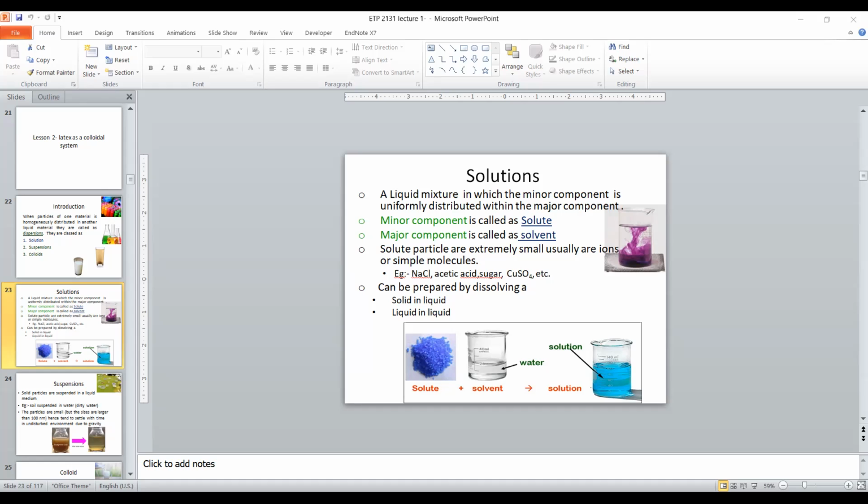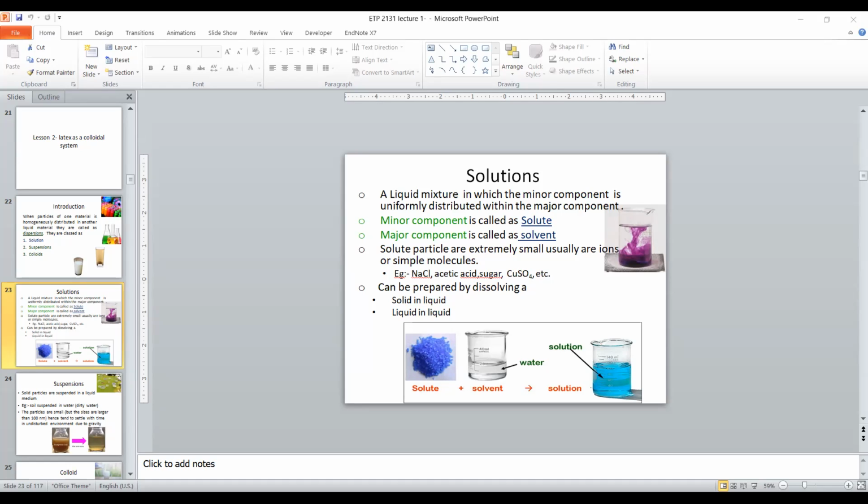But in the case of some particles, we can go up to 1 micrometer. I will show such a colloid system. Okay, in a colloid system, you have a particle homogeneously distributed in another phase or another substance.